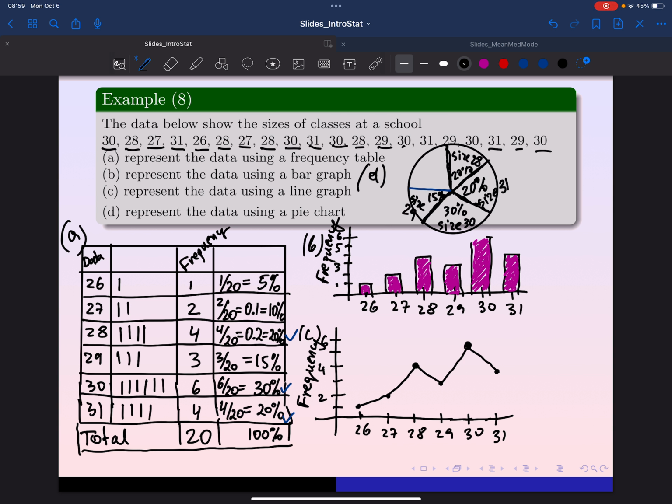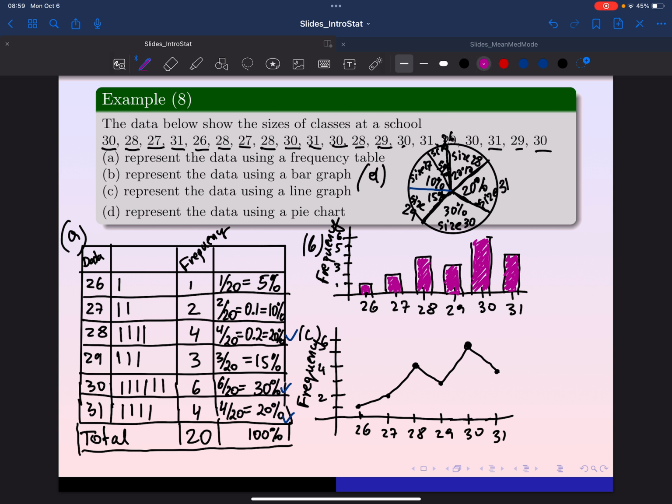And then we have 10 and 5. So this would be my 10%. 10% is size 27. And then 5% would be size 26. So this is roughly my pie chart.